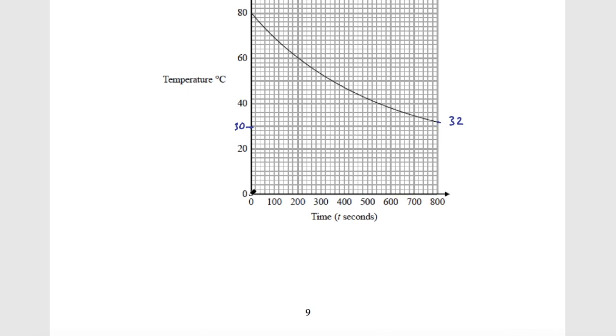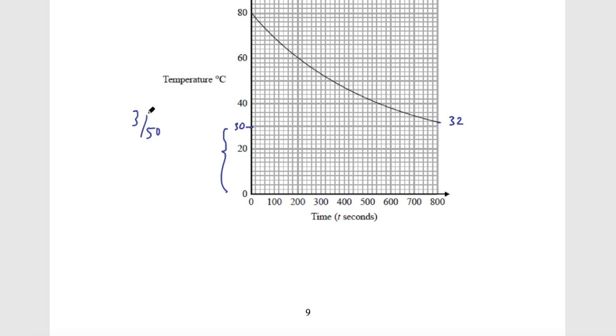Let's have a look at the y-axis firstly. So if we go from 0 to 30, let's say this was my rise here. What would the run have to be to make this equal 3 over 50?